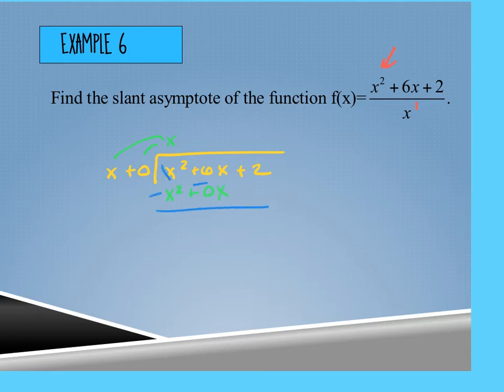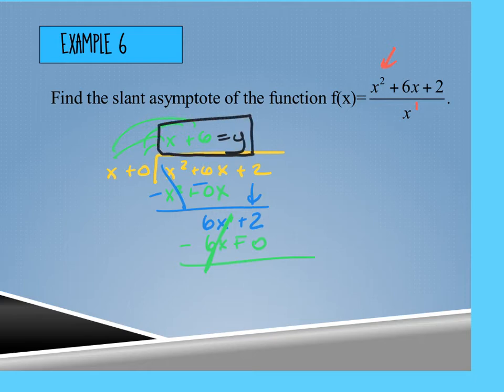Change your signs, cancels, 6x plus 2, plus 6, multiply it by both. As long as that first term cancels, which it does, you don't even have to look at your remainder because it's not important for slant. What is important is the quotient that we got at the top.